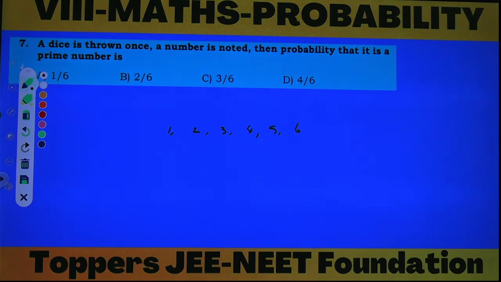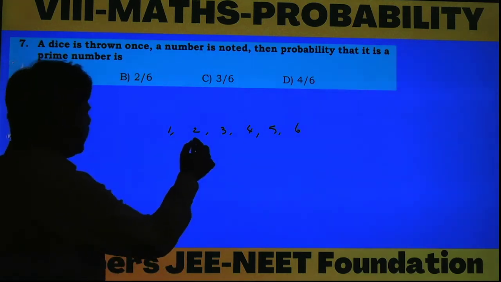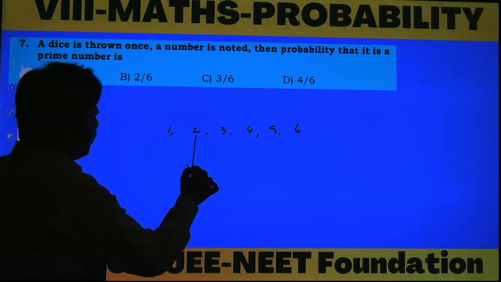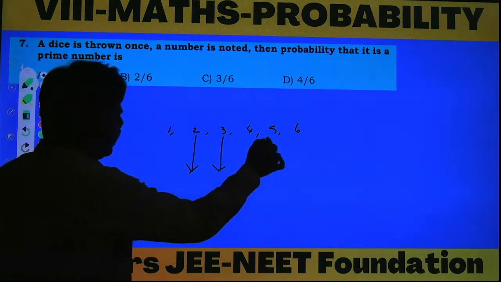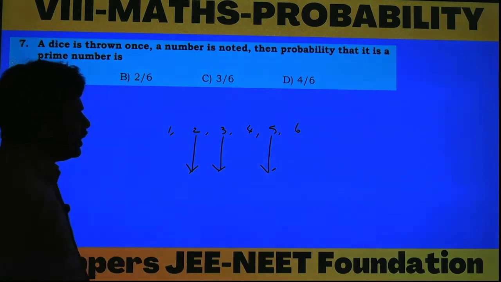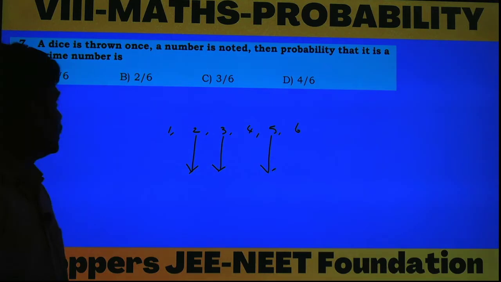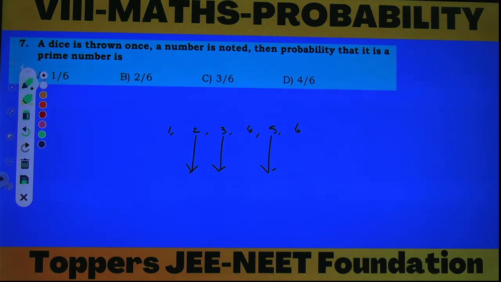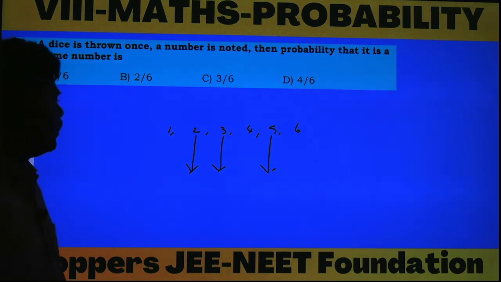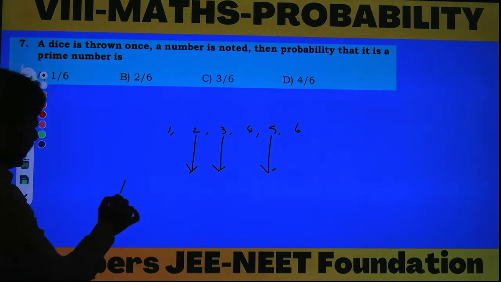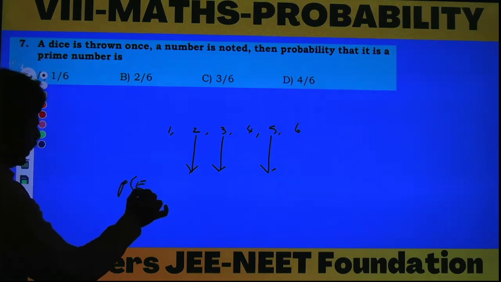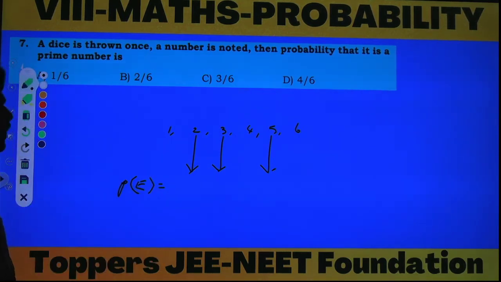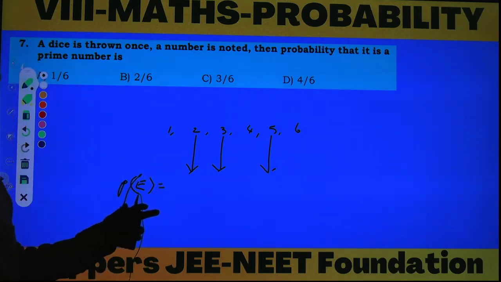In these 6 possible outcomes, what are the prime numbers? 2 is a prime number, 3 is a prime number, and 5 is a prime number. These 3 are the prime numbers. Then what is the answer? Probability of getting a number which is prime. Suppose P of E represents the probability of a number which is prime, equal to the number of favorable outcomes to the event.